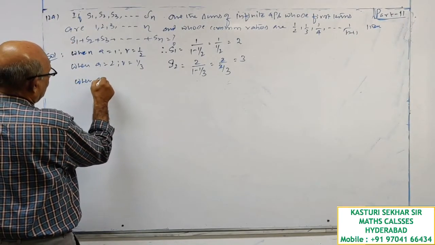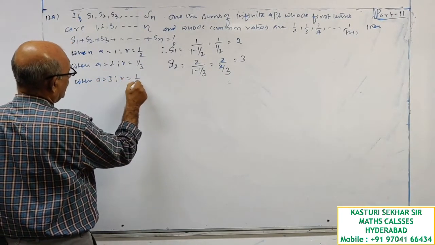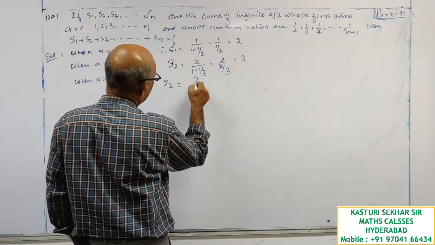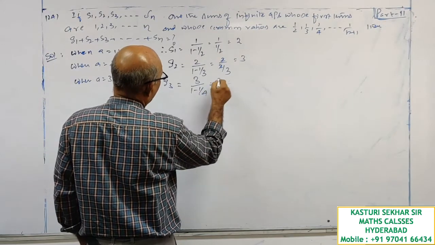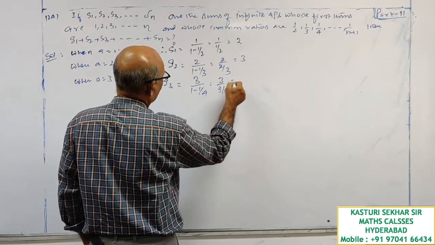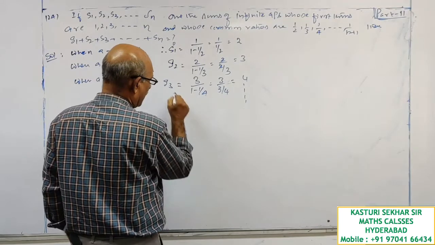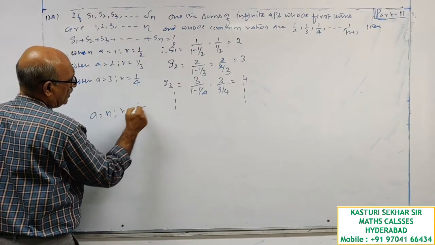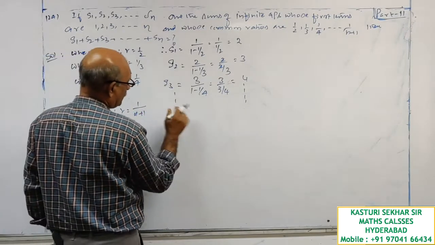When a is equal to 3, r is equal to 1 by 4. Again, you will get an infinite GP. 3 divided by 3 by 4, this is 4. Etc. If I proceed, a is equal to n, r is equal to 1 by n plus 1.